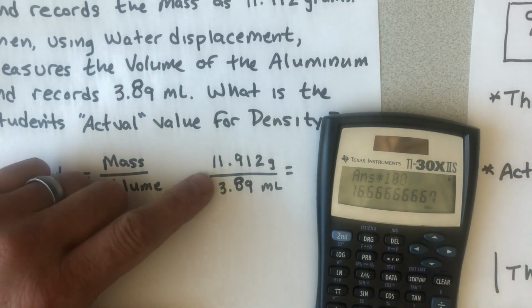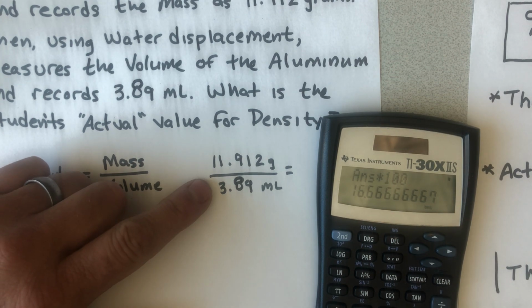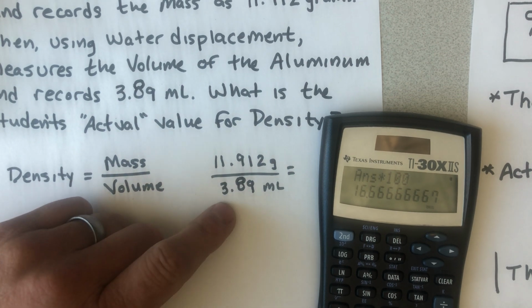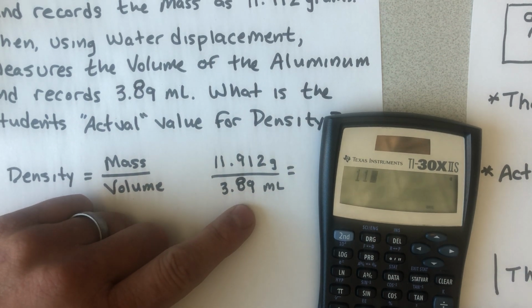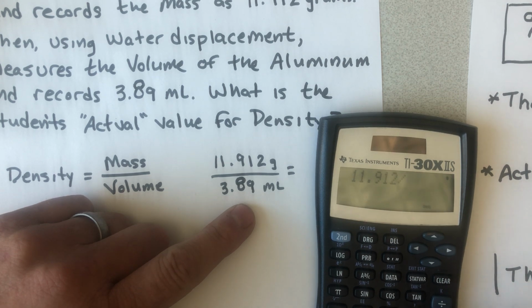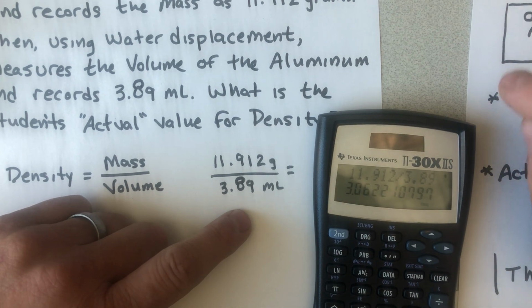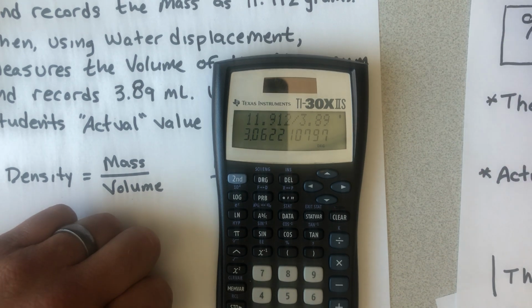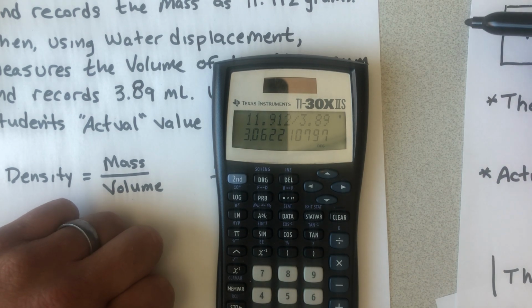And because these are measured numbers, we're going to have to round our answer to 3 significant figures based on the 3.89. Okay, so there's the number on the calculator, right? 3.0622107797.